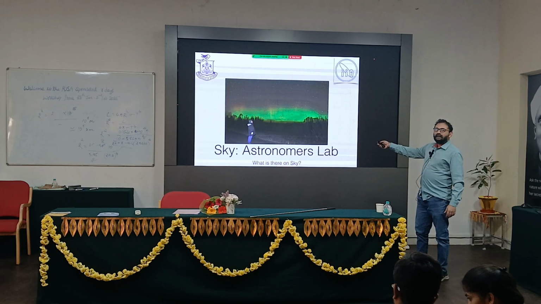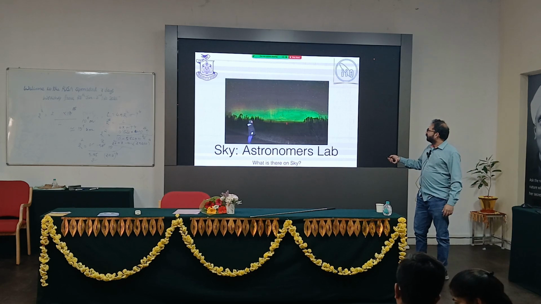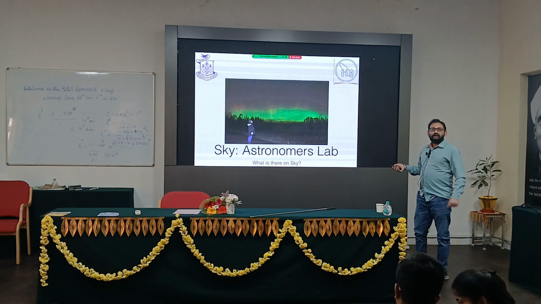This is not the sky that we see from our cities or from India. This is very close to the pole, which is why you can see what is called aurora.